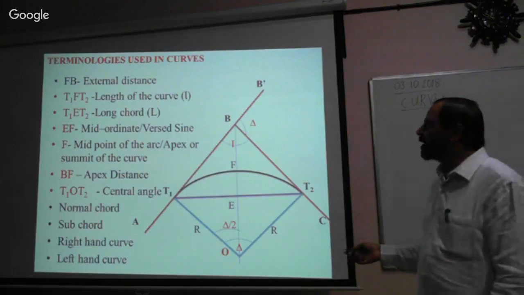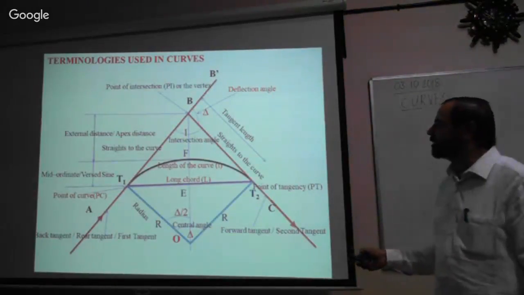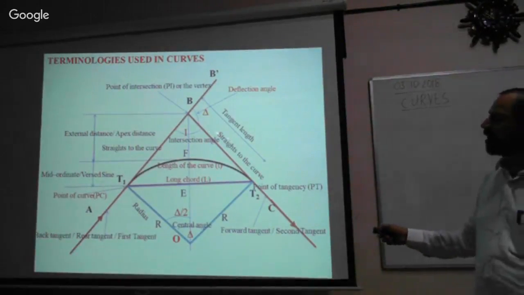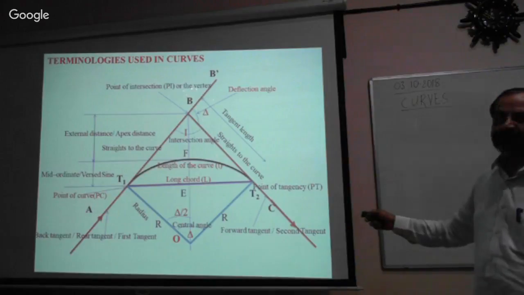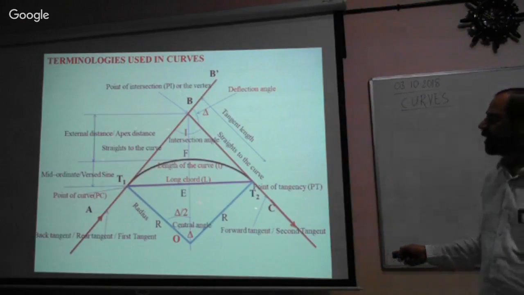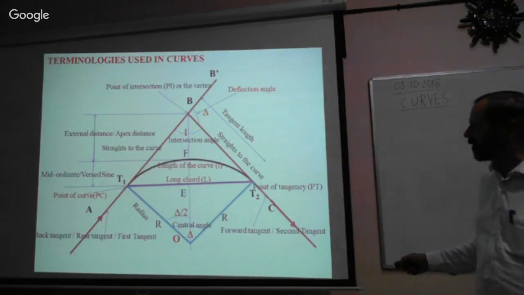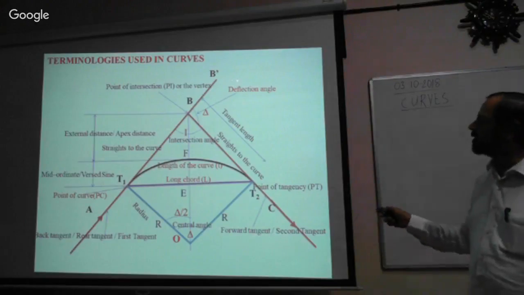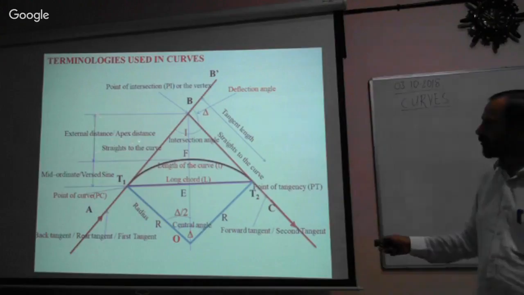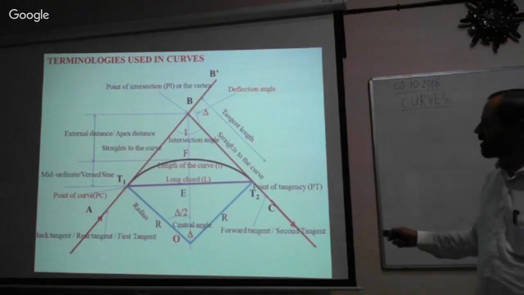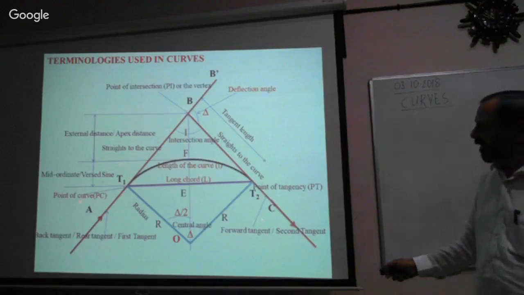Okay, the next. This is shown in the picture. All the terms which are used in the curves are shown here, what we have discussed now is mentioned here. This is the deflection angle, the intersection angle, the length of the tangent, and so on.